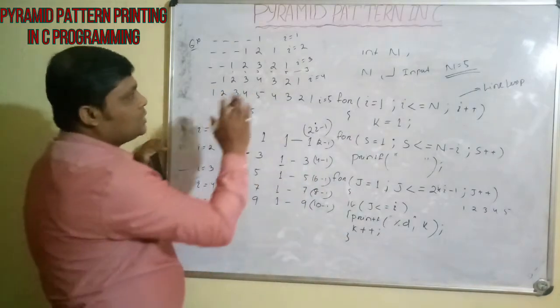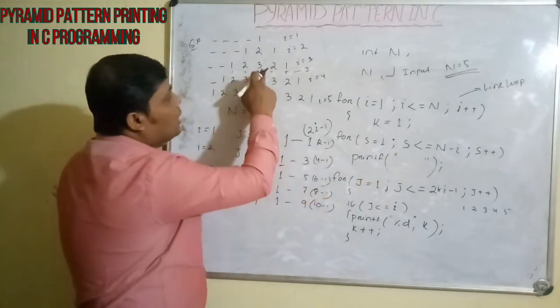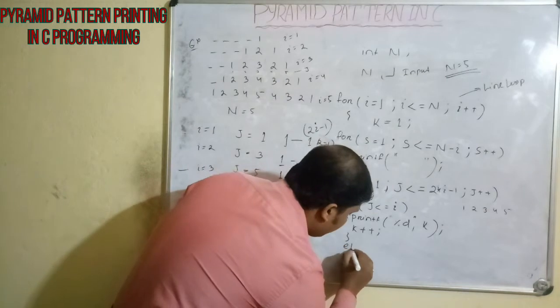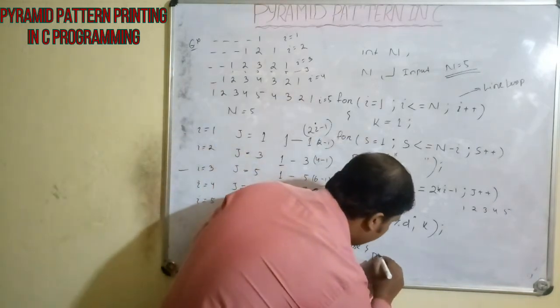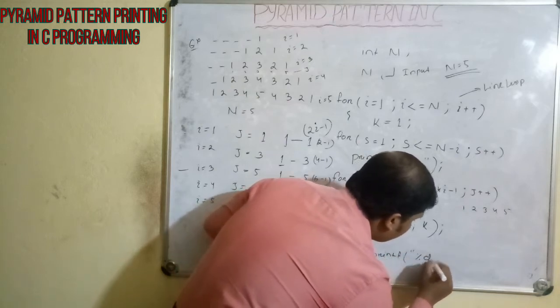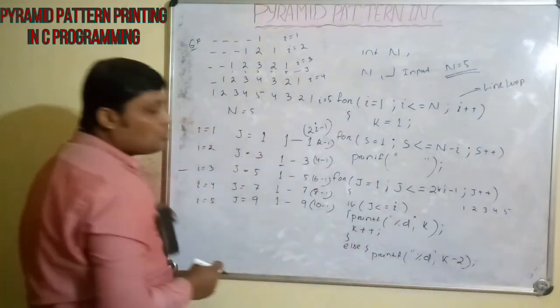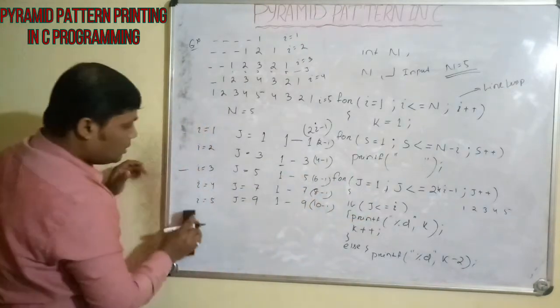Now see, when j value will be 4 and i value is 3, what will happen in the else part? It will print percent d, k minus 2. Why k minus 2? You can see, when j value is 1.